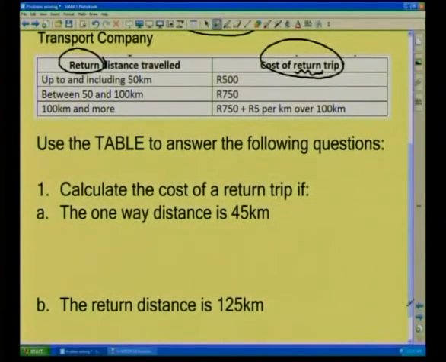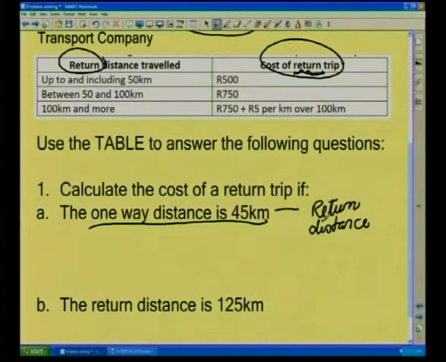Number 1, calculate the cost of a return trip if the one-way distance is 45 kilometers. So the key word here is return, and we need to work out what the return distance is. My return distance is going to be 2 lots of the one-way distance.